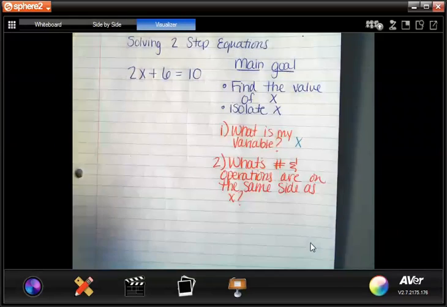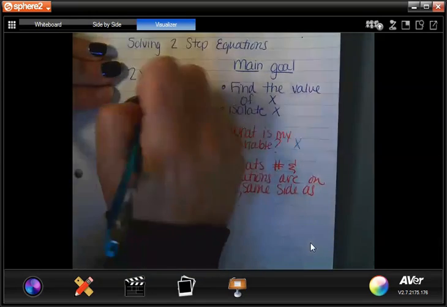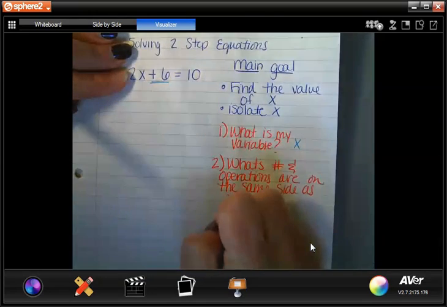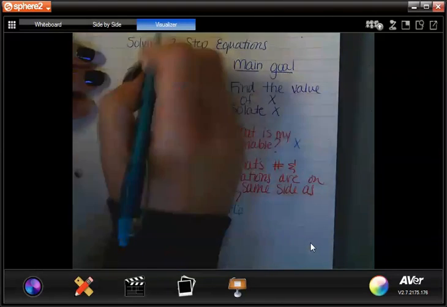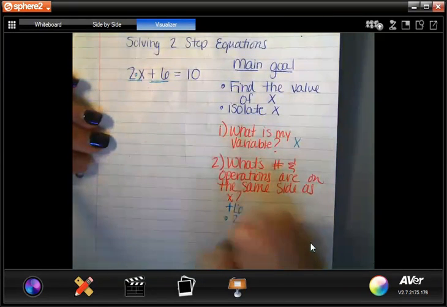Right now, 6 is being added to x, and it looks like 2 is being multiplied by x.